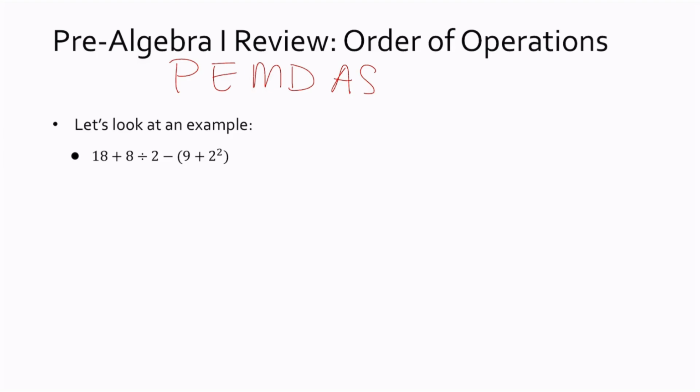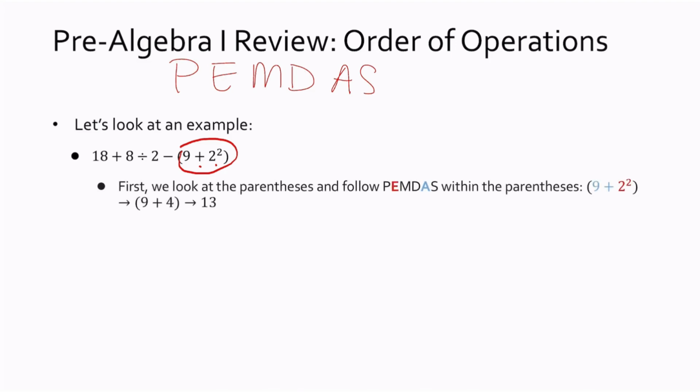And within the parentheses, we also have to follow the order of operations. Inside the parentheses, we have addition and an exponent, and the exponent comes before the addition. So we see that we have 9 plus 2 squared.